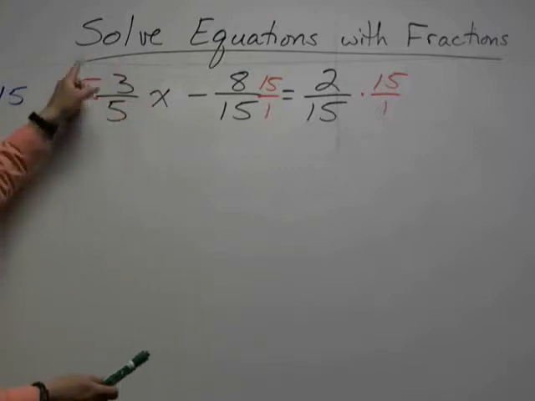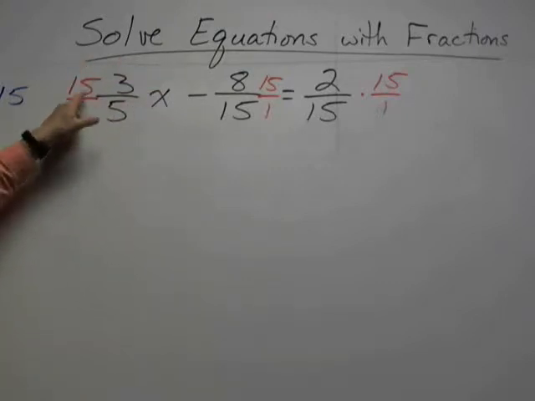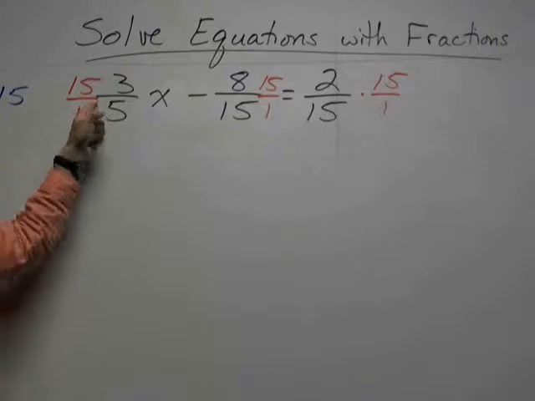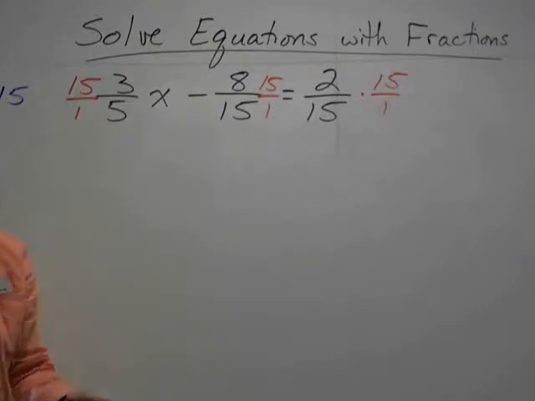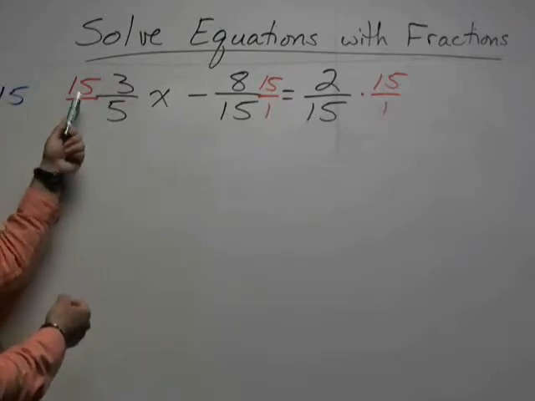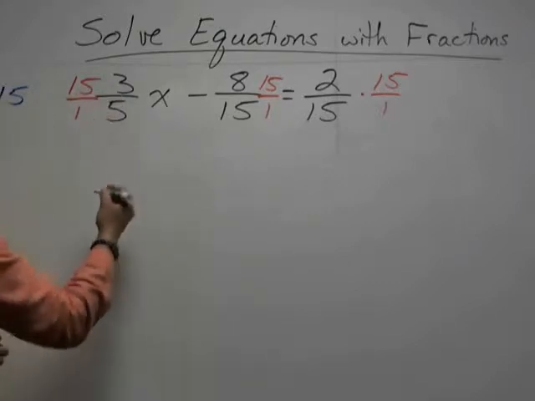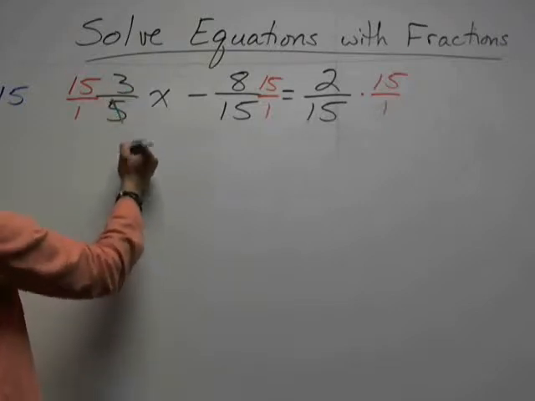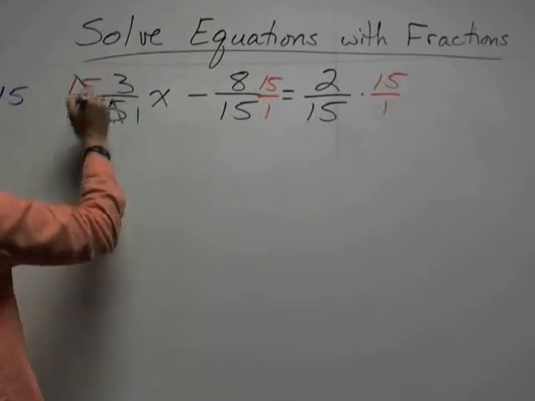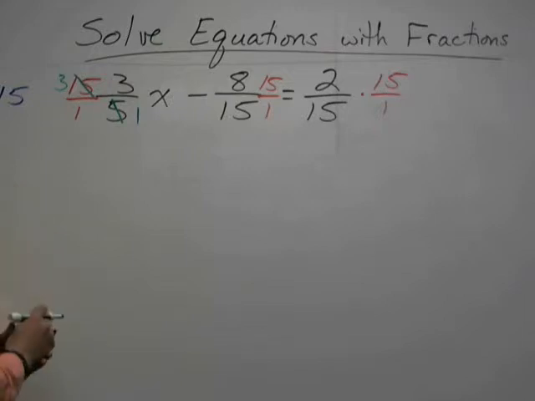If I look at this first term, I have a 5 on the bottom and a 15 on top that's being multiplied. Remember, we can only cancel when we're doing multiplication of fractions. So since I have a 5 on the bottom and a 15 on the top, I can reduce. 5 goes into 5 once, 5 goes into 15 3 times.